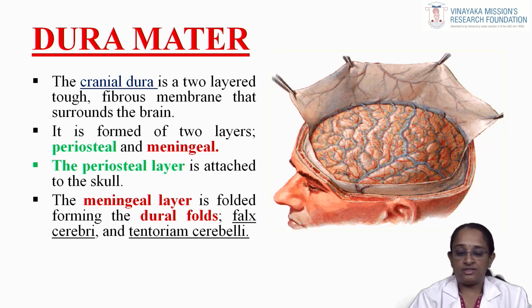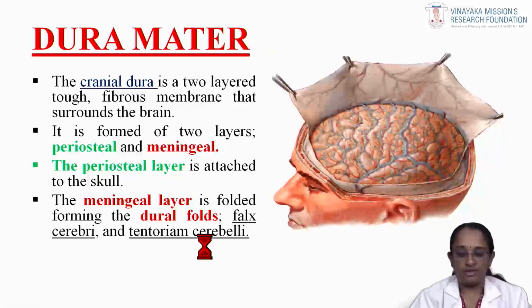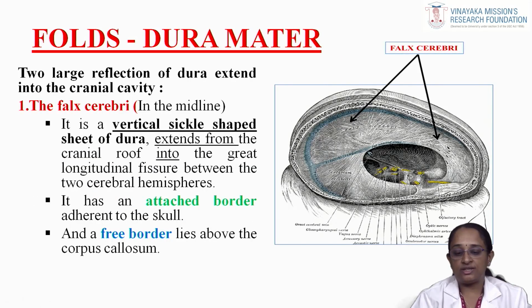That is written here as falx cerebri and tentorium cerebelli. Here in this picture you can see the falx cerebri. Cerebri means cerebrum; it separates the two cerebral hemispheres. It is sickle shaped.